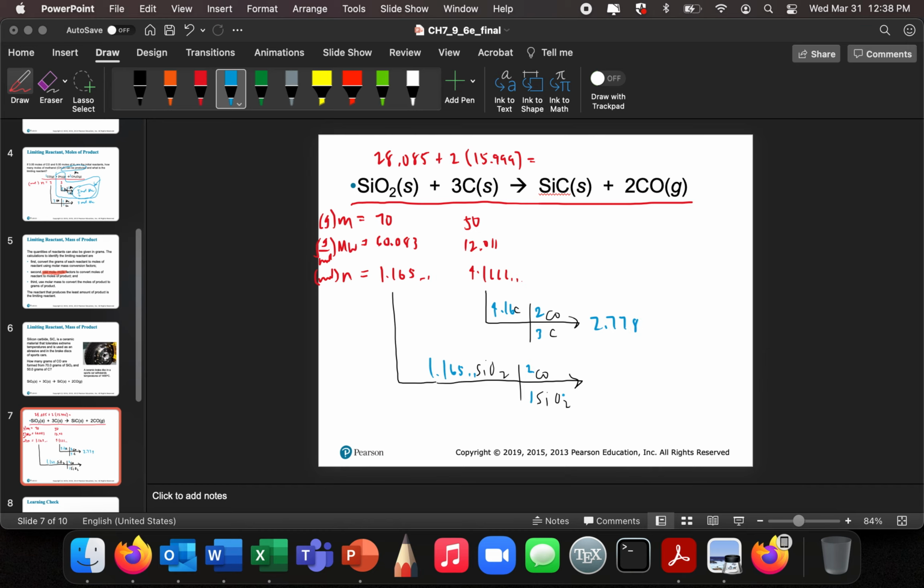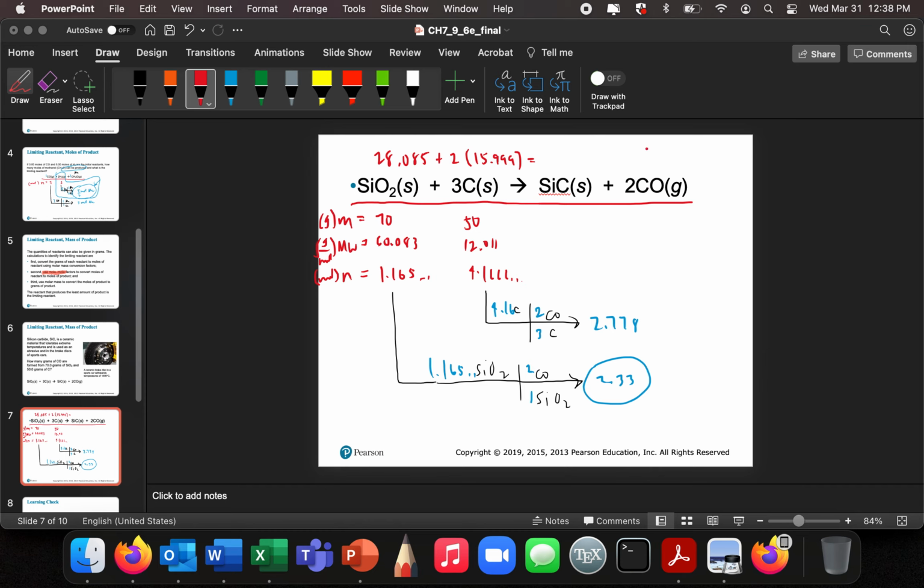And clear. 1.165 times 2 equals 2.33. So this is my lesser of the two, and so that is apparently the maximum amount of carbon monoxide that I can form.